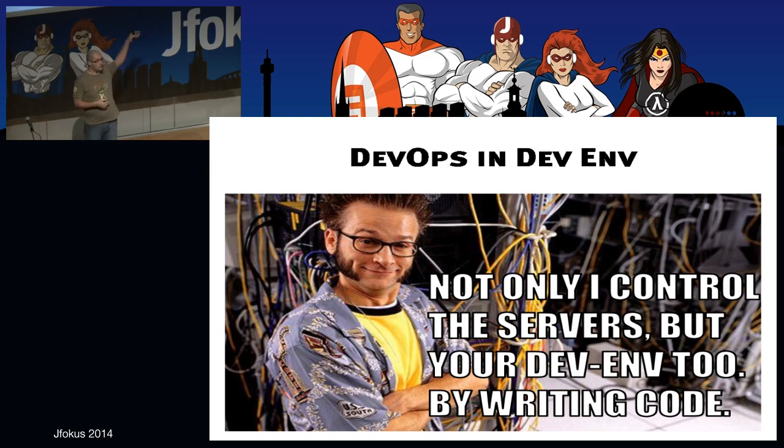Not only do they use those cookbooks to deploy actual production machines, they use the same cookbooks to set up things on my machine. Which is, of course, great news, because now I can be sure that what I run on my machine is the exact same thing that runs in the production environment, which gives me the confidence that whatever works on my machine probably will work in production.